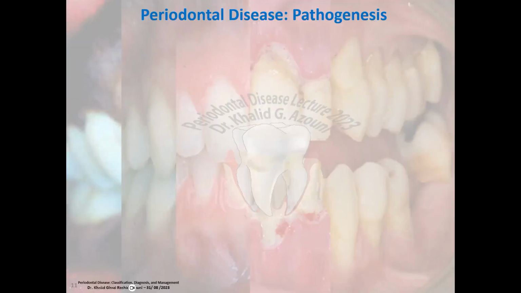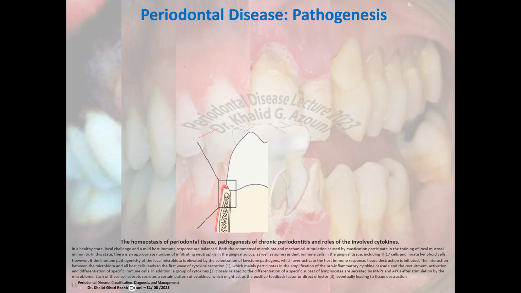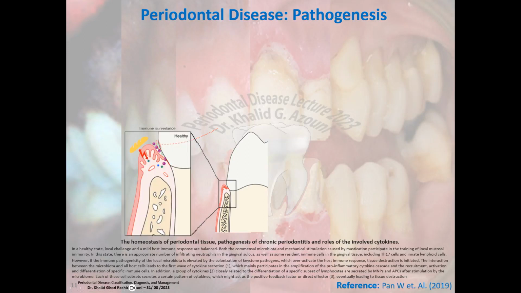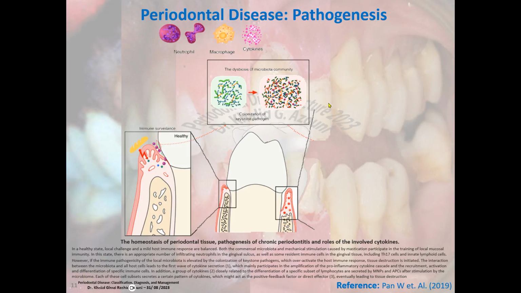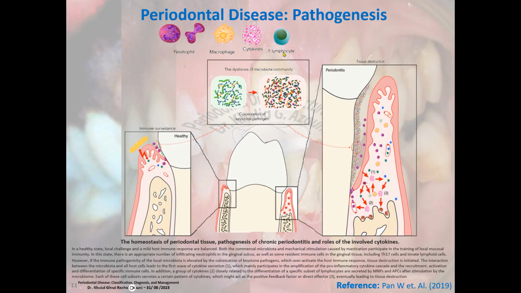Okay, dental biofilm. Now we move on into further discussion of the pathogenesis, the homeostasis of periodontal tissues between normal and abnormal dysbiosis, like we discussed before. While we have dysbiosis and the prevalence of pathogenic bacteria, we see the activation of the immune reaction by the body: the cytokines, the neutrophils, macrophages, and other cells, T lymphocytes, B lymphocytes, dendritic cells, osteoclasts.